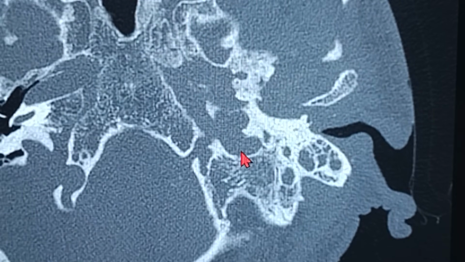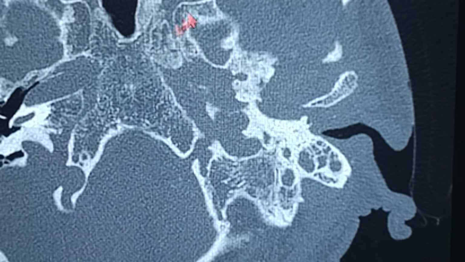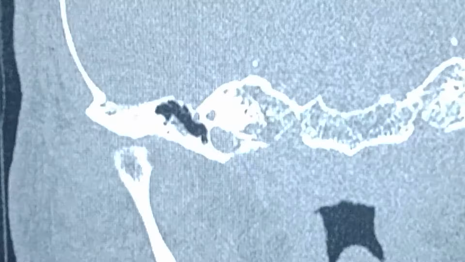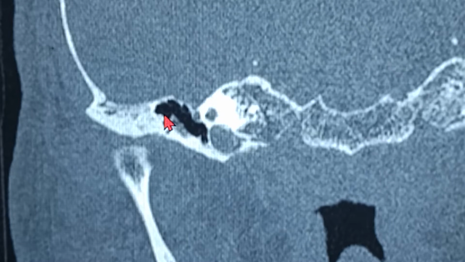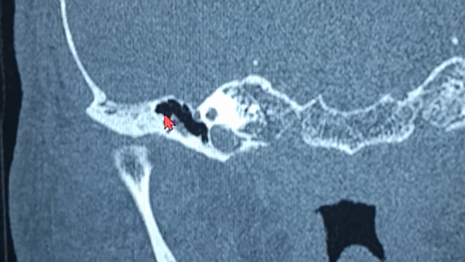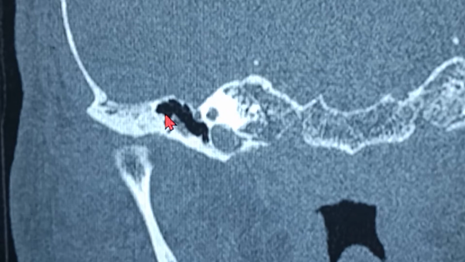Basically, in an axial view, coronal view, I'll just make sure I show it to you very quickly. So as you can see, this is a coronal. Now, if you have been handed a coronal section of the HRCT temporal bone, always remember there are a few landmarks where you can start the scan from.